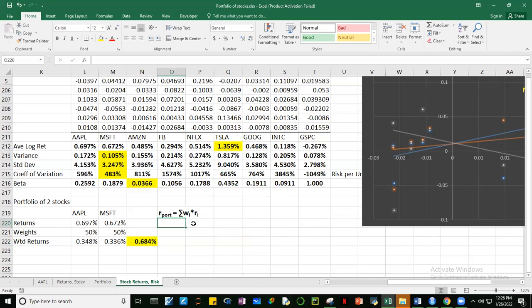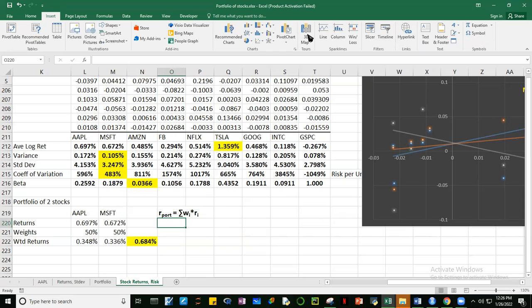So lagyan natin dito. Insert tayo ng symbol.